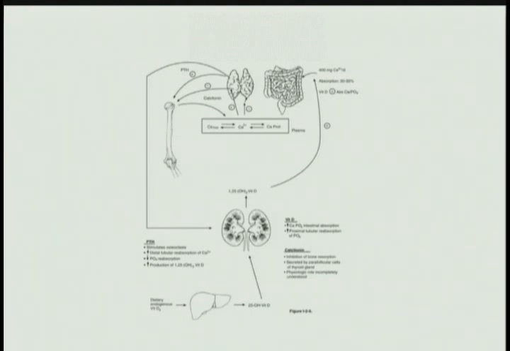Otherwise, if the calcium drops, you would go into tetany and so forth. But so parathyroid hormone stimulates the osteoclast, and you break down bone and release calcium into the serum, and then it does a couple of other things.